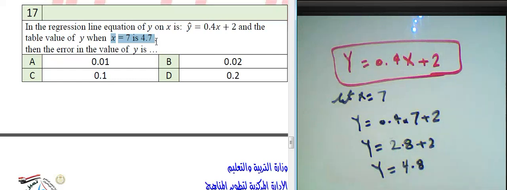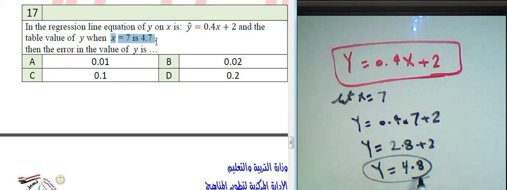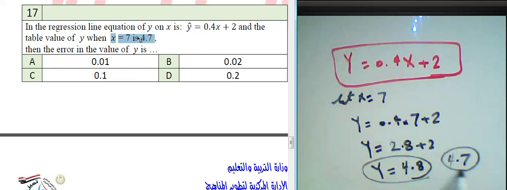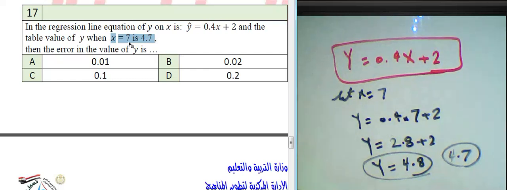We have y here. Okay, we have the difference between them, and that is the error. He asked for the error. He tells us the result is 4.7. To find the error between the result you got and the result he gave you in the example, you must find the difference between them, in absolute value.